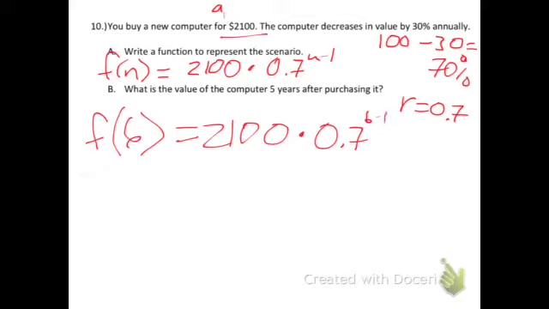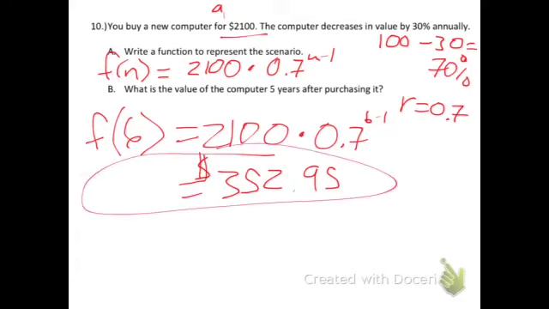So do 0.7 raised to the 5th power times 2100, and that computer is now worth a measly $352.95. I rounded up because I'm being generous. And so you're looking at that as your final answer there.